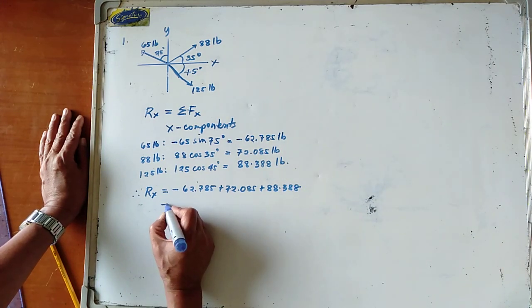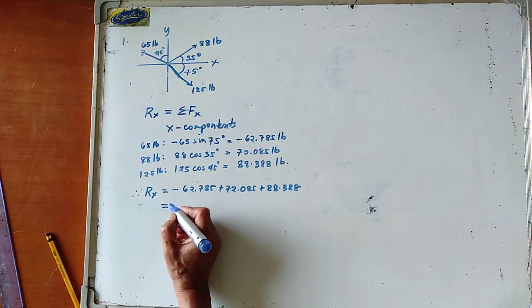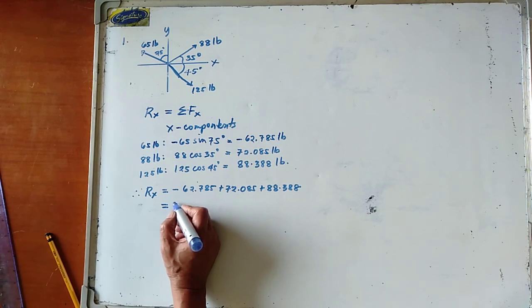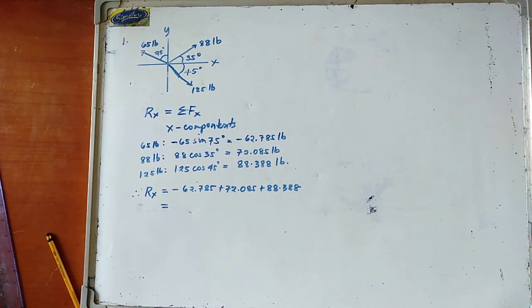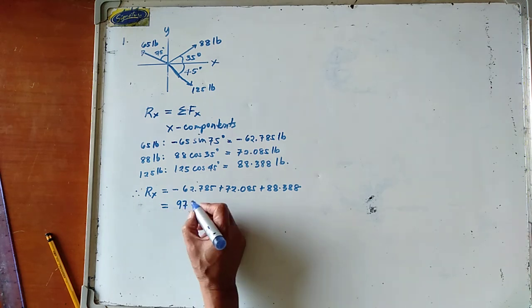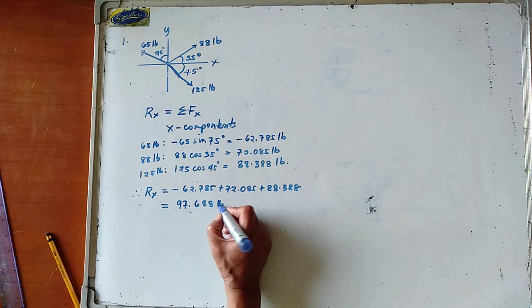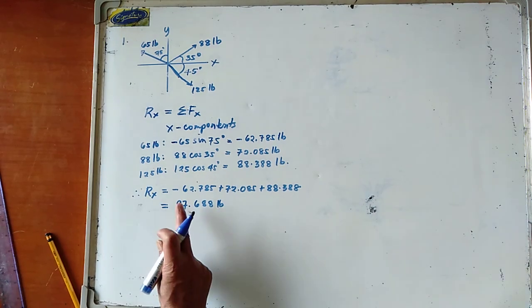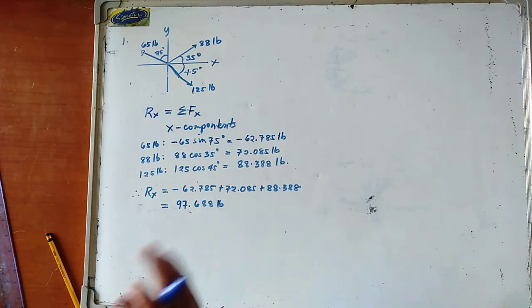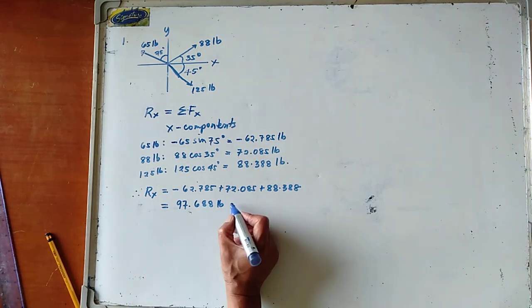So your Rx is equal to 97.688 pounds. Take note that we got a positive value. Therefore, Rx is directed to the right.